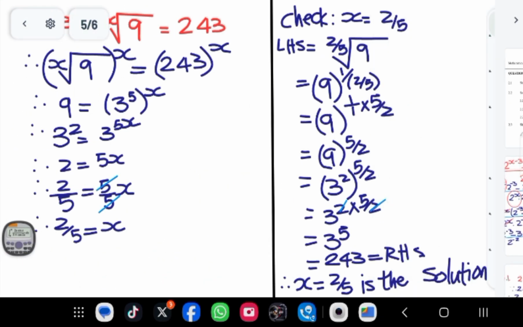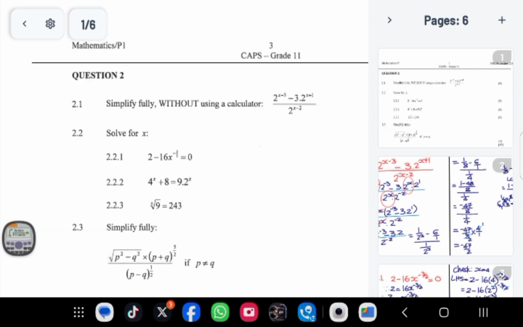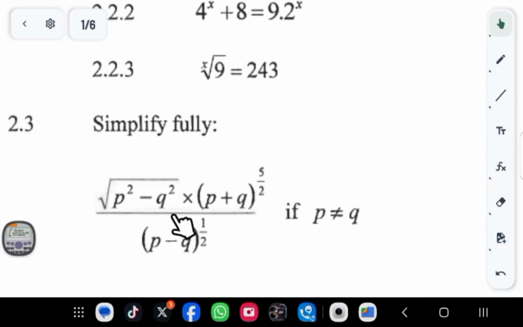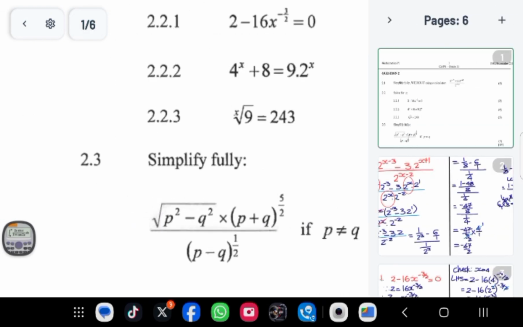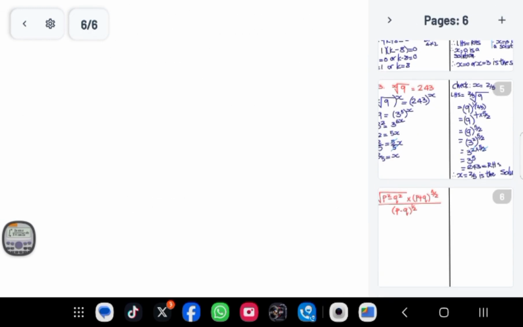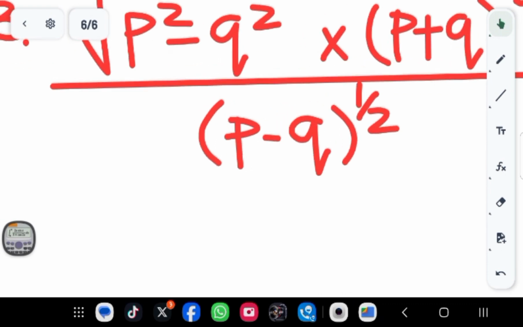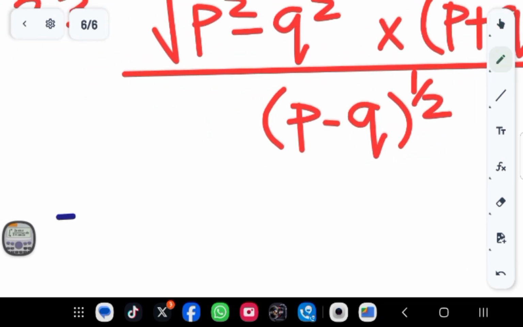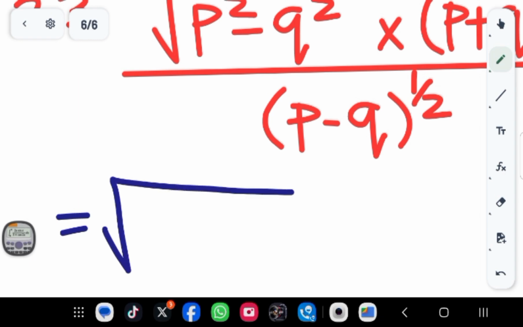And now for the last question. Let's go back to the original paper. Simplify fully, and you've got the square root of the difference of two squares and all of that. Now this can be written as the square root of the difference of two squares.